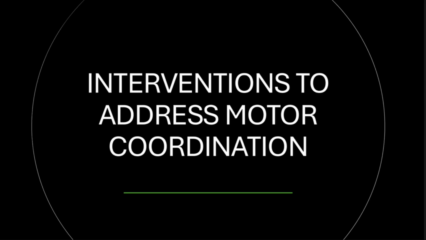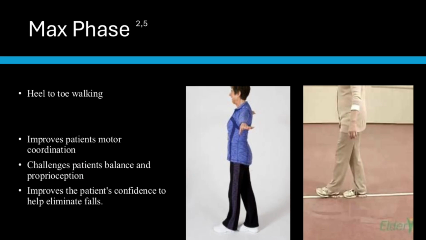Next, we're going to address interventions for the motor coordination that ataxia individuals may have with this condition. So during the max phase, we'll incorporate heel-to-toe walking. This, once again, just improves the motor coordination and challenges the patient's ability for balance and coordination. So you're incorporating both the balance we did last time, but making this more functional now.